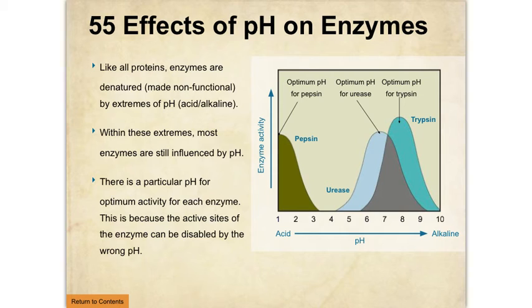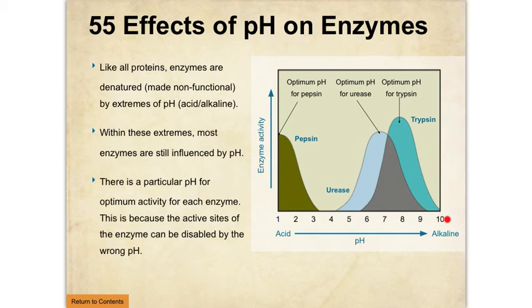The effect of pH on enzymes is that, especially in our bodies, there are specific pHs that will work optimally, and that varies from enzyme to enzyme. The neutral pH that we are going to be concerned about here is 7. Anything lower than that is acid.